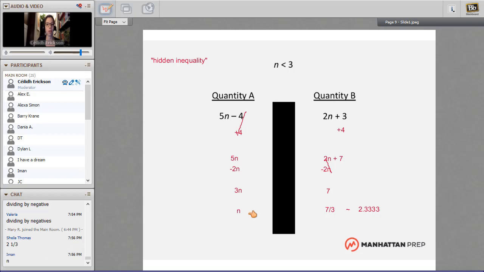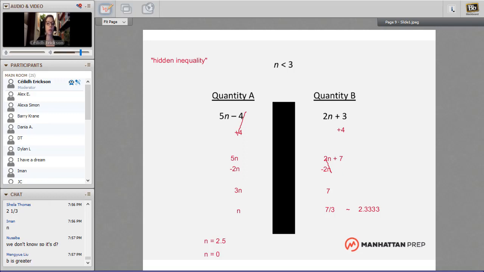But does that mean that n is greater or less? Now we could test values. What if n equals 2.5? Then n would be greater than quantity B, n would be greater than 2.3. But if n was 0, it would be less than, so we don't know. So here the answer would be D.